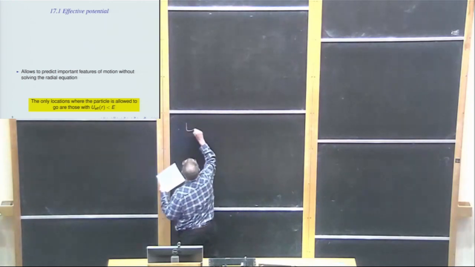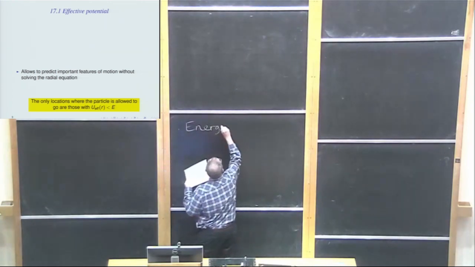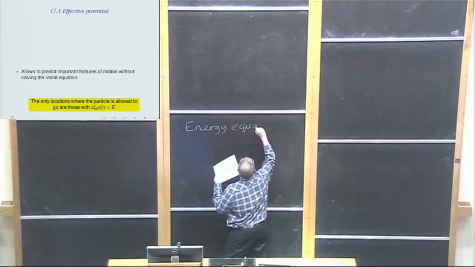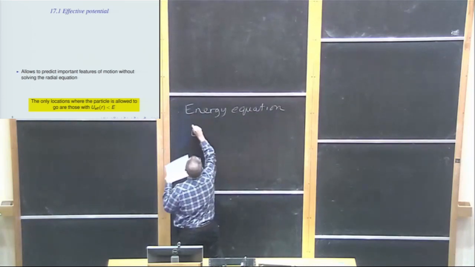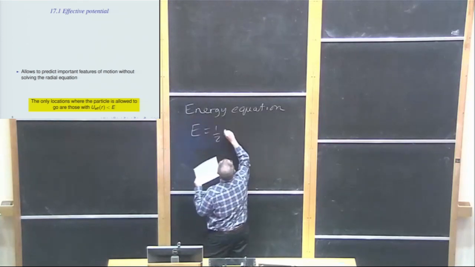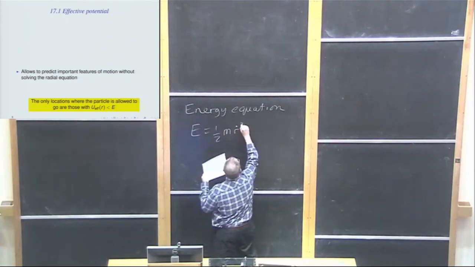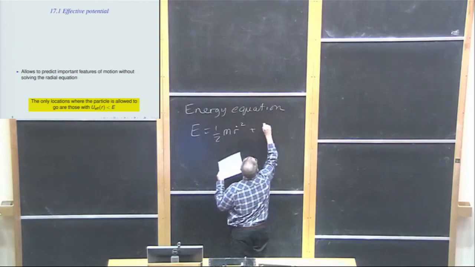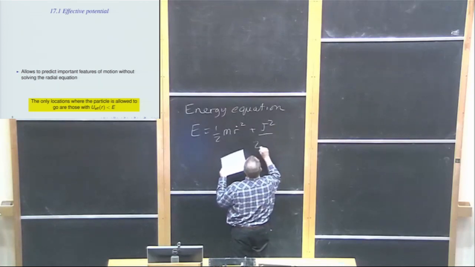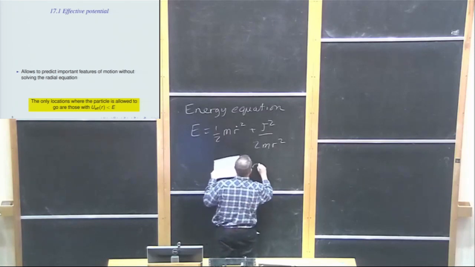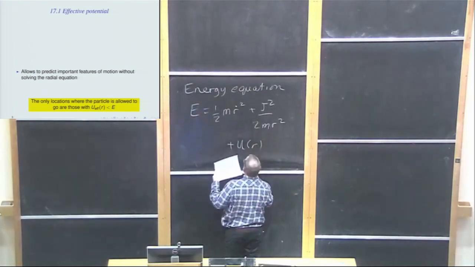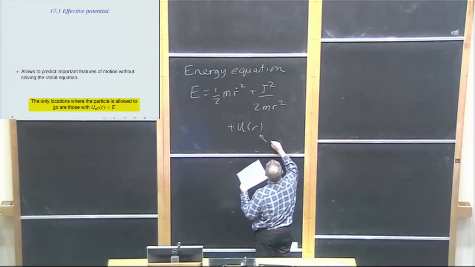So we have the energy equation that E equals half m r dot squared plus J squared over 2mr squared plus U of r, where U of r is the real potential energy.